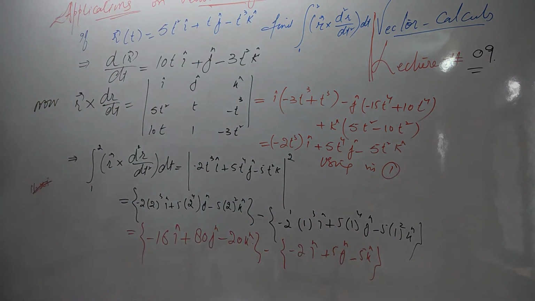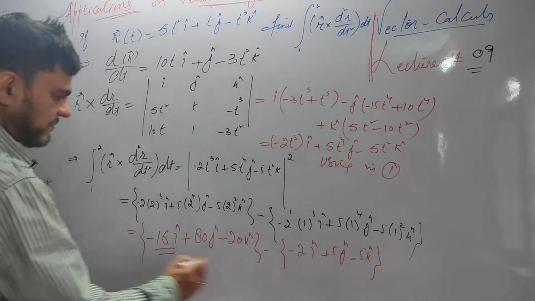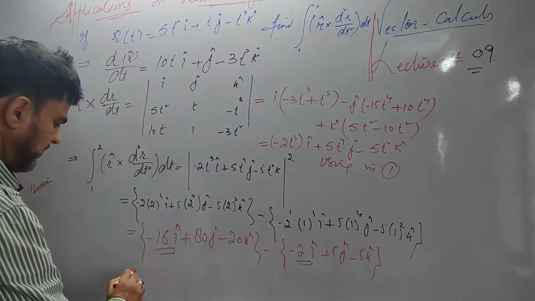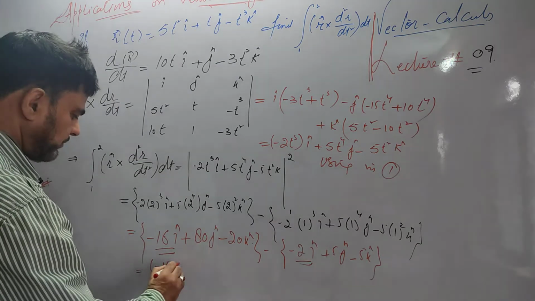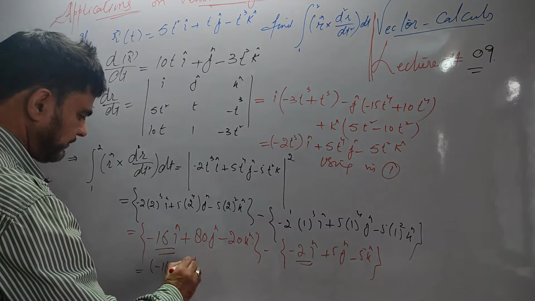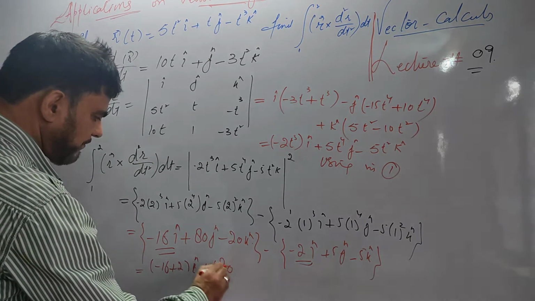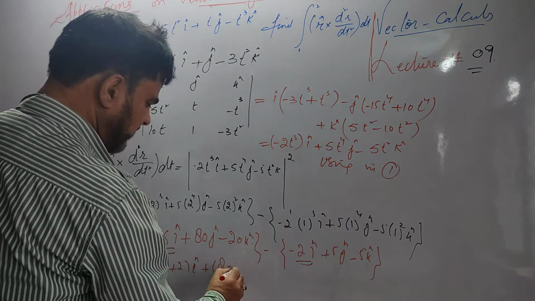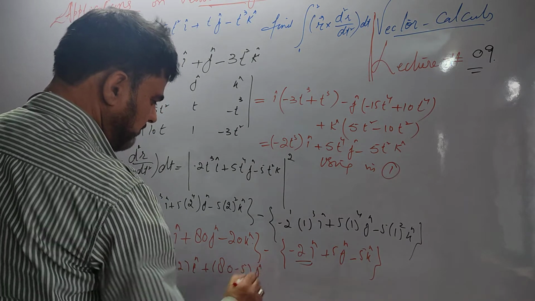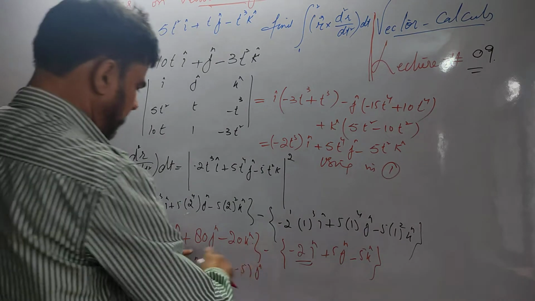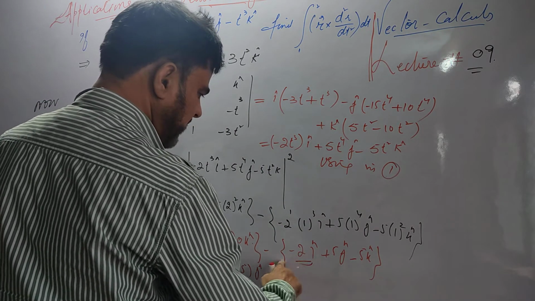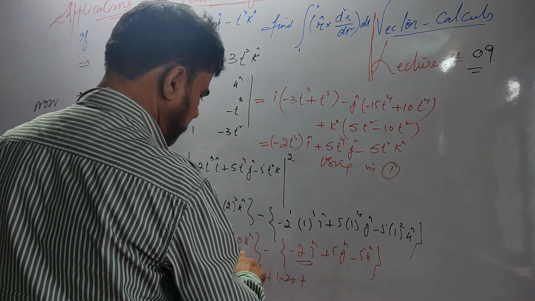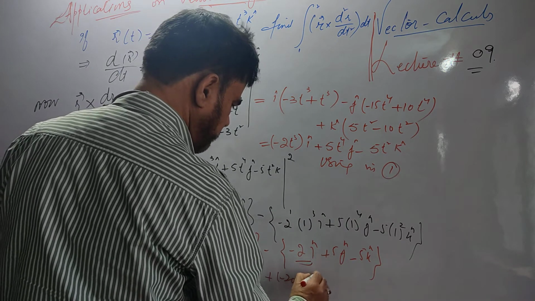This we are simplifying. Now we have to combine this with this. This will be minus 16 plus 2i, plus 80 minus 5j, and plus minus 20 plus 5k.